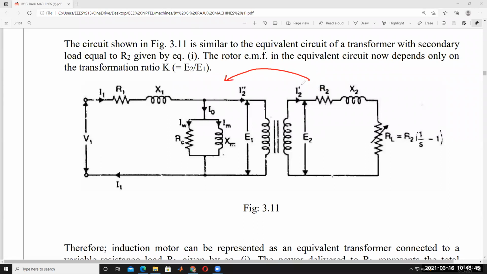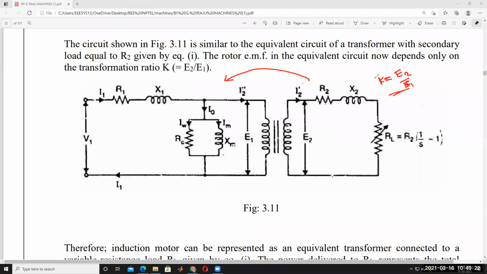Same as a transformer, by taking the concept called K. In a transformer, K is N2 by N1. In the induction motor, we have to take E2 by E1. For a transformer we take the turns ratio N2 by N1, but for the EMF induced in the stator and rotor, we take the concept E2 by E1.